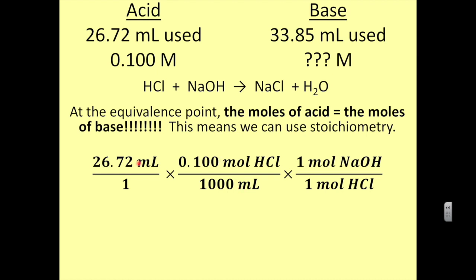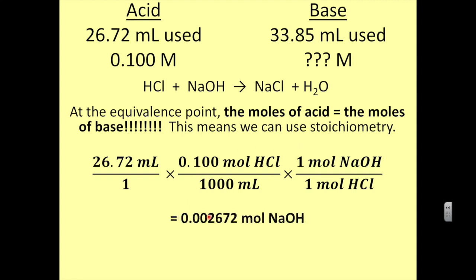Since this was in milliliters, I went ahead and made this 1,000 milliliters. So this is moles over liters, or moles over 1,000 milliliters. This is my molarity, and this is my mole ratio. This will change my moles of acid to moles of base. The coefficients in the equation are 1 and 1, so I just use a 1-to-1 mole ratio.